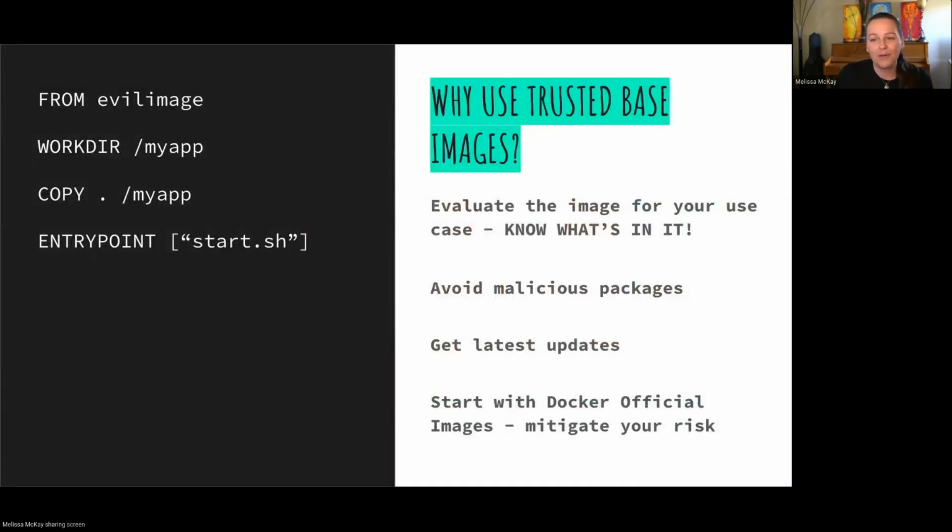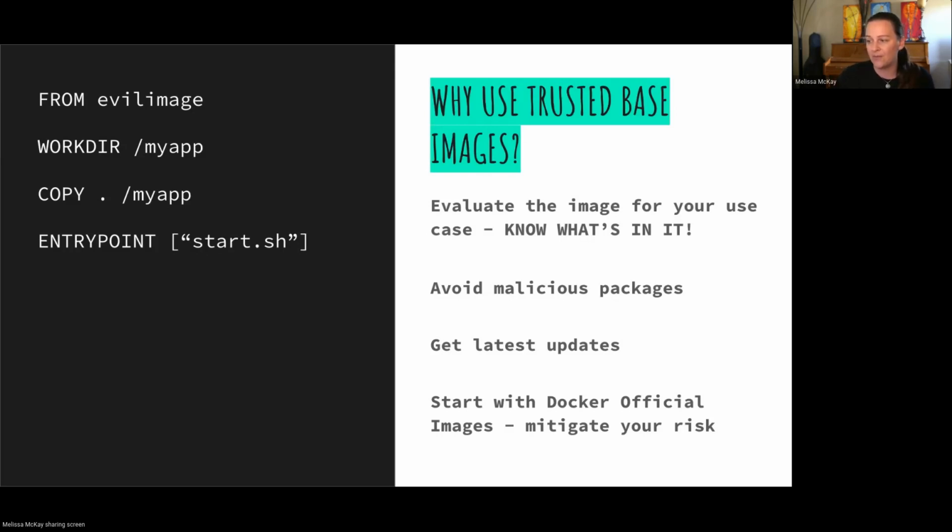A problematic base image probably isn't going to be named something as obvious as evil image, but my point here is just to pay attention to where your base images are coming from. These images are dependencies, and as such, they should be pulled into Artifactory or the like and managed along with all of your other binaries that you rely on for your build.